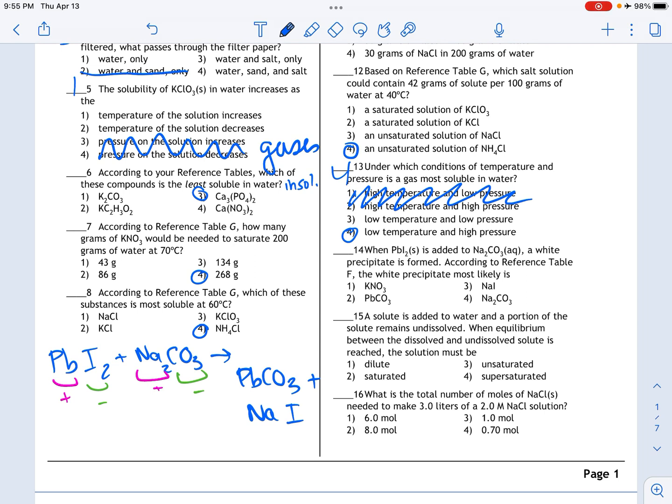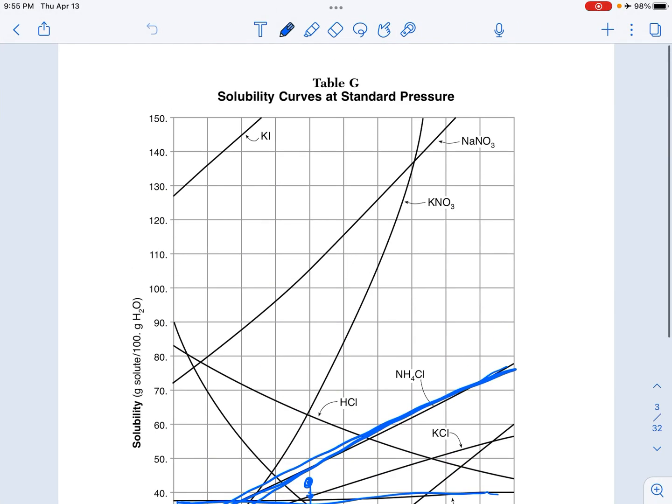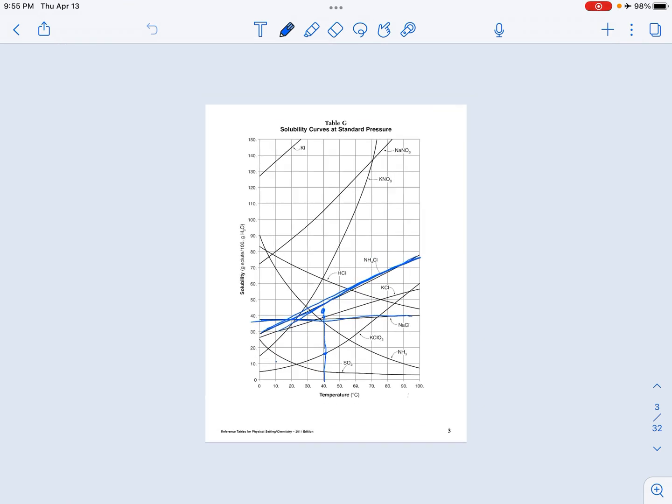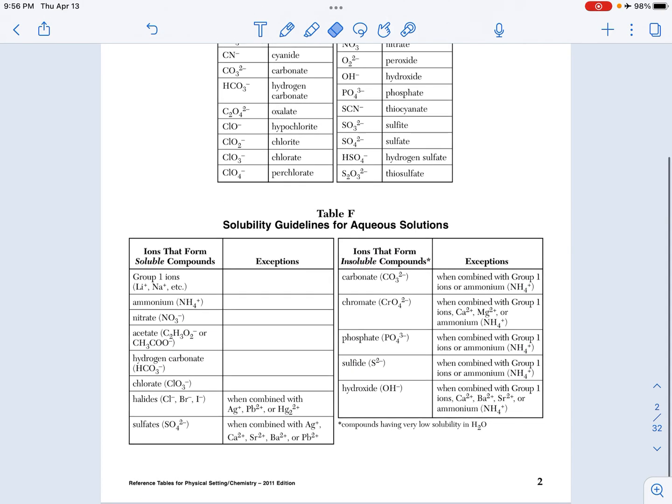So now let's go to reference table F, like it told us. NaI. First of all, iodine is a halide, which is soluble except with those. Well, none of those are sodium.